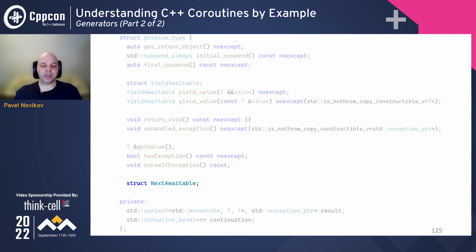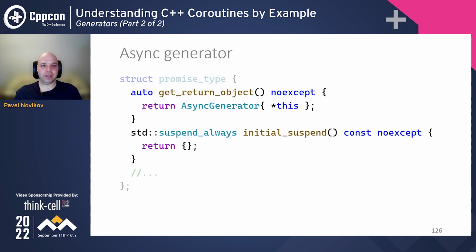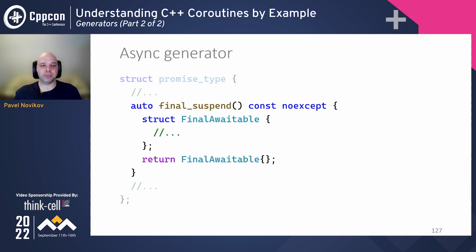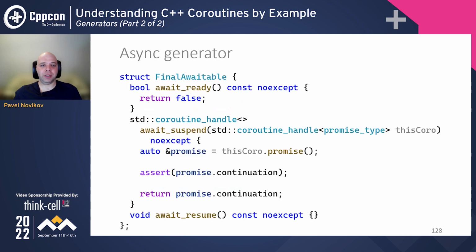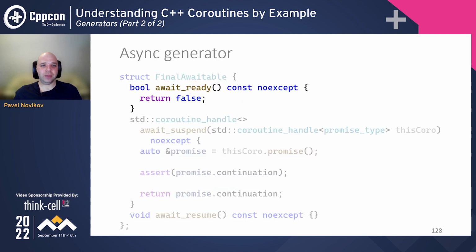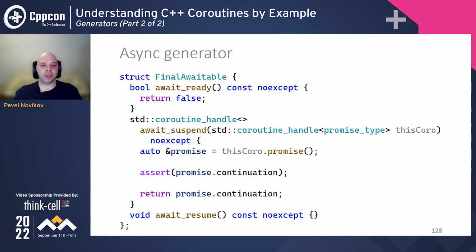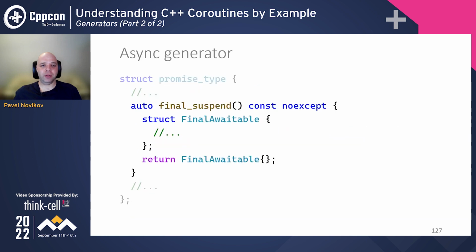So this is next awaitable type. The next things are get return object that returns an instance of our async generator. As initial suspend always tells that we need to suspend at the initial suspend point. We have a final suspend, which returns a final awaitable.